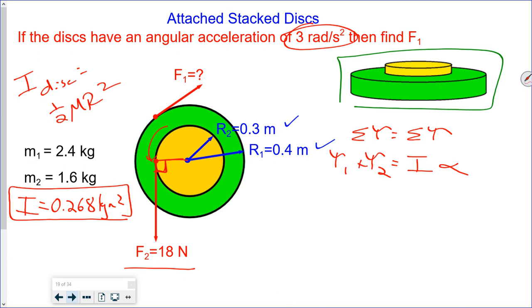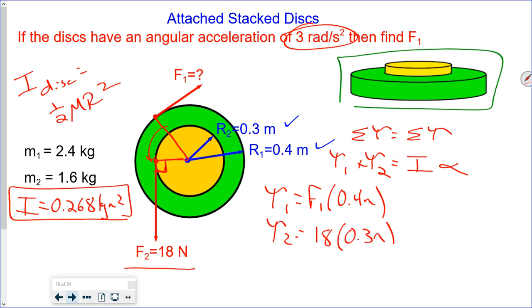So what I know then is this. Torque number 1 is force number 1 times the distance for force 1, which is just that radius. And torque number 2 is its force, 18 newtons, times its distance of 0.3 meters. Those are technically both times sine of 90.